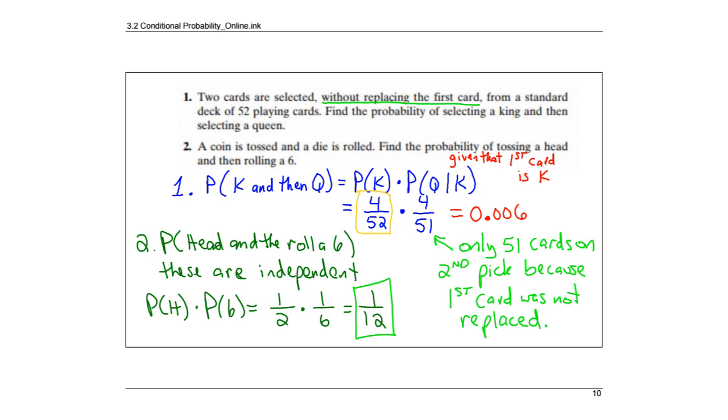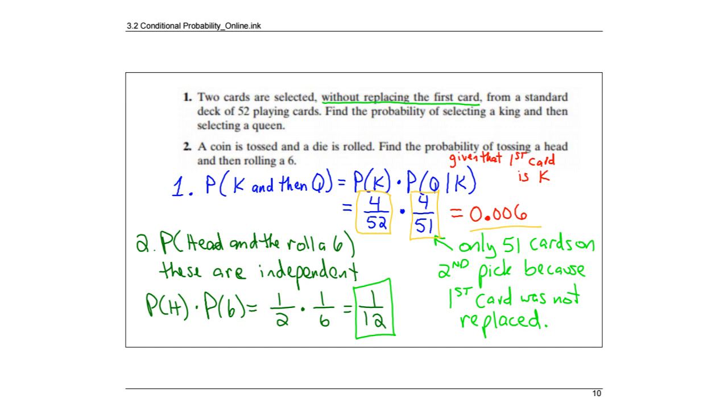And so now when we go to pick the second card, the denominator is only 51 because we have one less card, but I still have all 4 queens. Okay. And so 4 over 51 is the probability of picking the queen given that the king is in my pocket. Right now, if I multiply those, put them in my calculator, multiply them, I get 0.006.